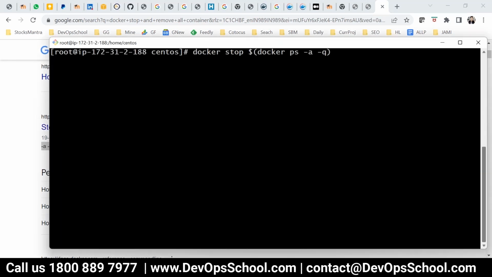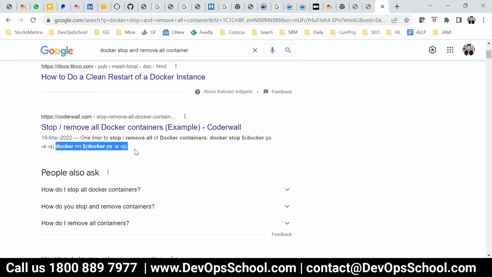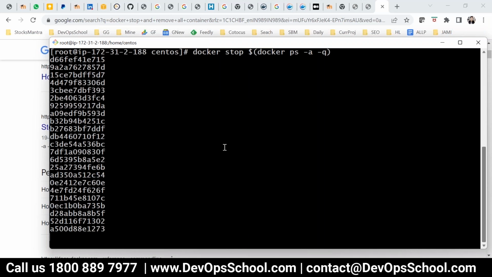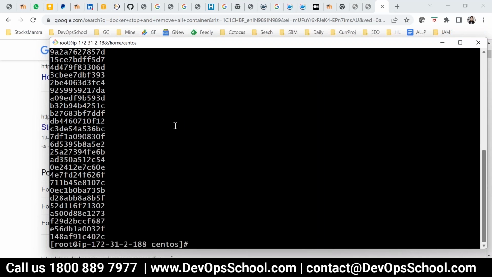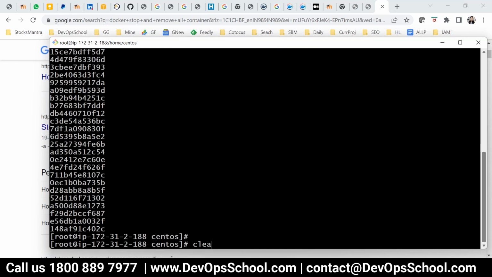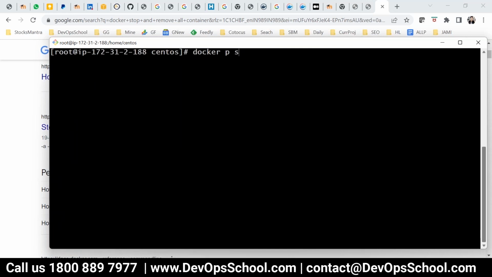I stop all the containers together, and then finally I'll remove all the containers together, just for the quick demo, so you can have a little bit of clean understanding of it. And let me remove. Done. Guys, it's so simple. Now I have no container. You see that?